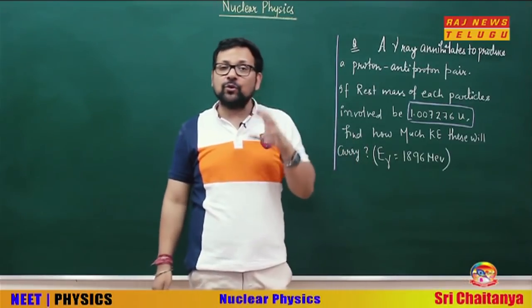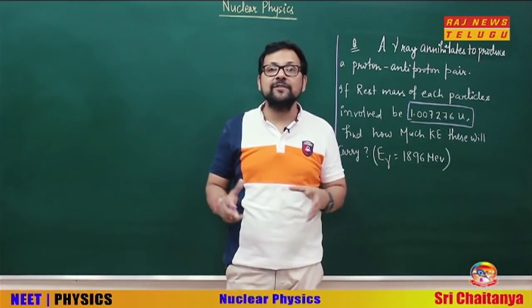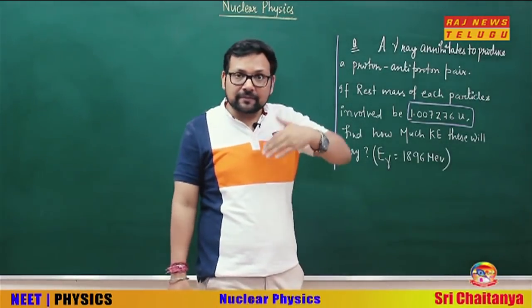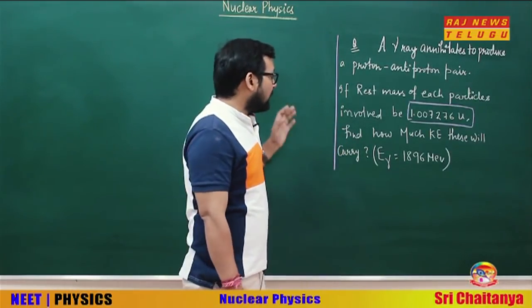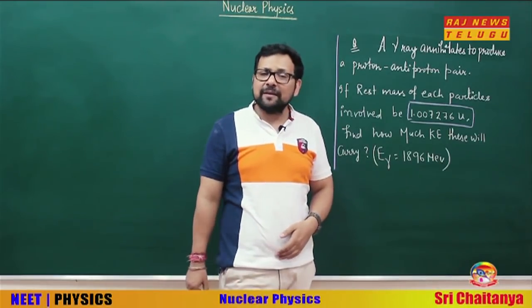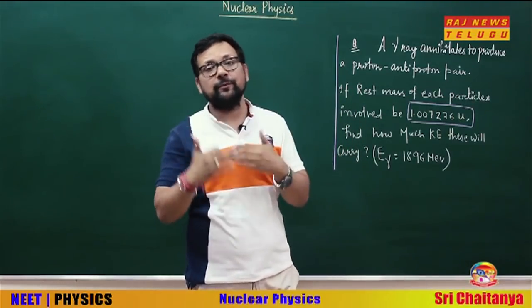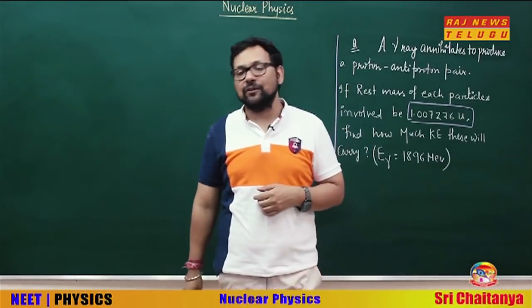But if a proton antiproton pair is produced, the energy is very high, because the proton's mass is greater and greater mass is being converted into energy. Find how much kinetic energy these will carry. The question is almost on the same line. The only change is the mass energy equivalence will be very, very much greater as compared to that of the electron.